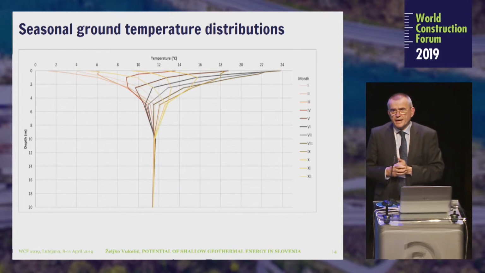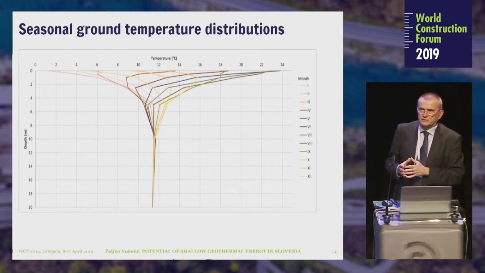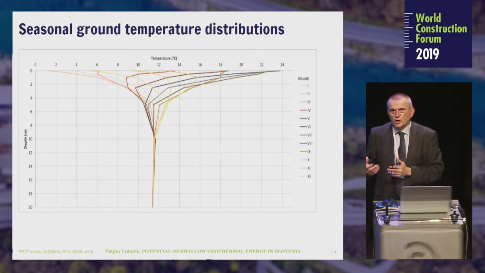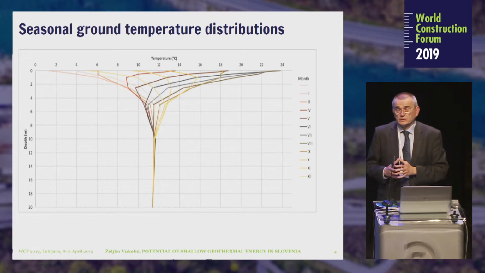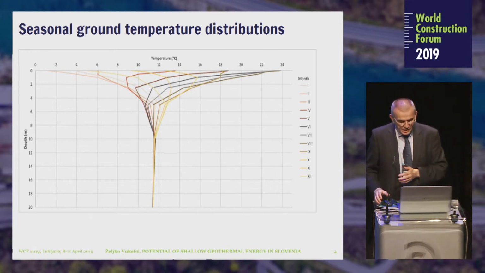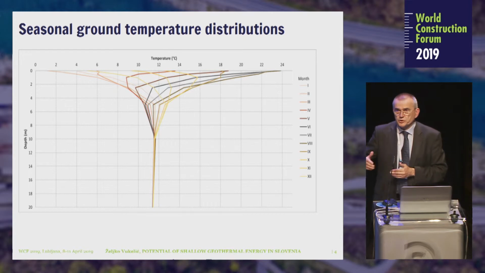We can expect in Central Europe, and also in some parts of Slovenia, that at 1,000 meters we will have about 30 degrees Celsius in the soil. So it's not important if we have summer or winter. After 10 meters we have a very stable temperature, and this temperature rises with depth.